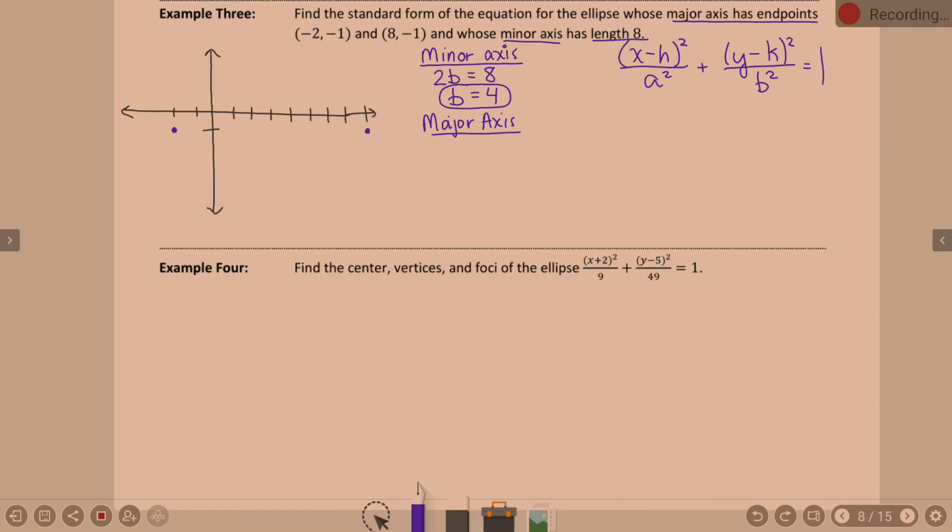So that means my major axis has a length of 10. Major axis, according to what I put on the chart, has a length of 2a. Are we tracking? So 2a equals 10, and thus a is 5.